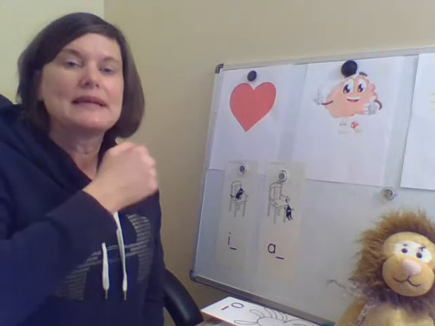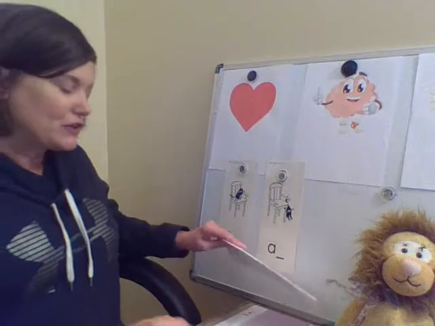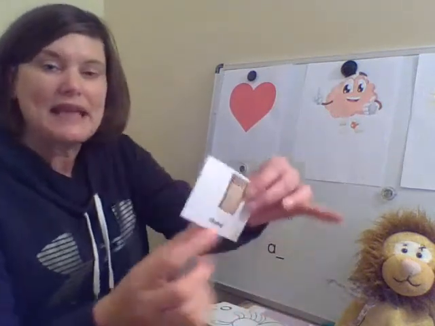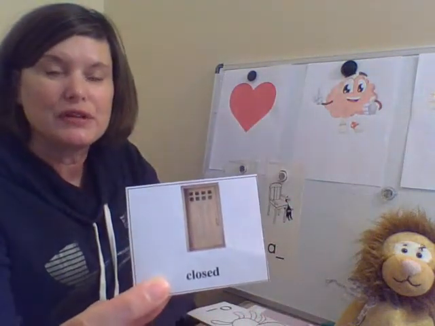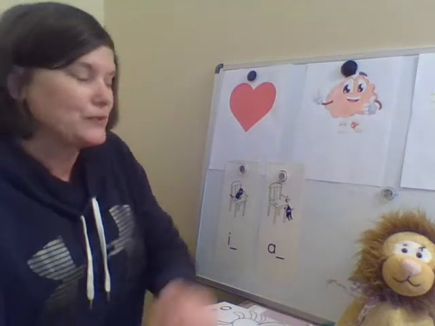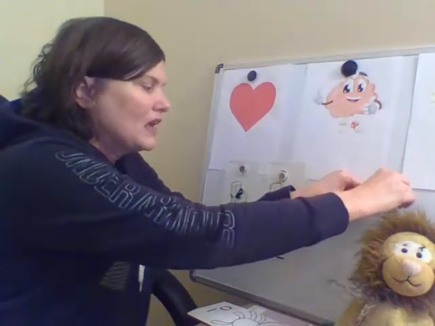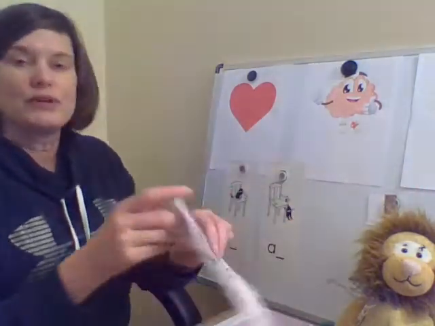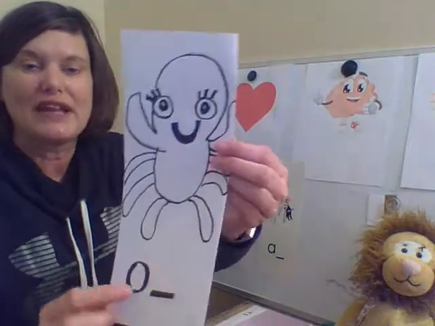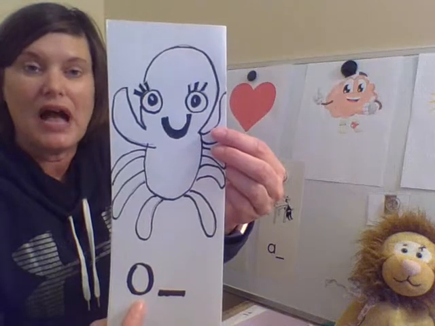G-A-P, gap. Very good. Okay, so the vowel sound we're going to learn today is a closed syllable. There are 6 syllable types that we're going to be learning about. Right now we're focusing on closed syllables. The syllable type we're going to learn today is for the short O, like in octopus.